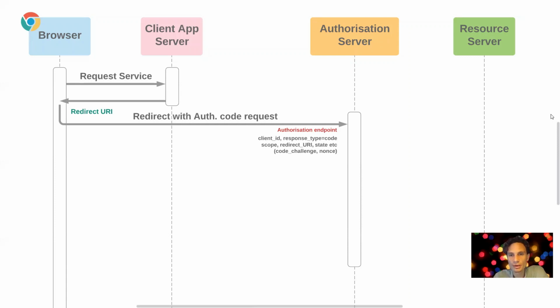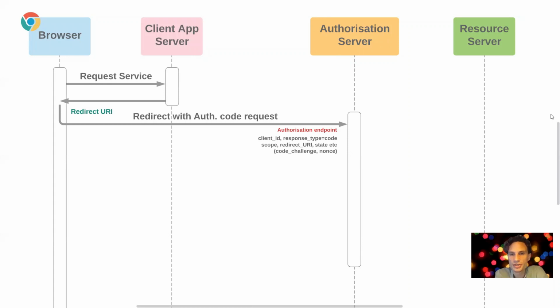These three, state, code challenge, and nonce, are all typically used to protect against cross-site request forgery attacks of a slightly different nature. They're all parameters which are provided at one stage and then checked against other parameters later on.